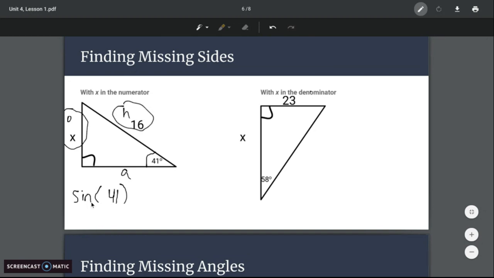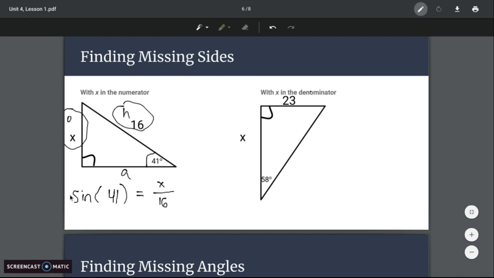Sin. And then what you do is you set it equal to the equation. And we are going to do O over H, which is X over 16. X is in the numerator. Honestly, the ones that are easier are when X is in the numerator. That is, if you know the shortcut for this one, but we'll get to that. But we need to have X by itself.